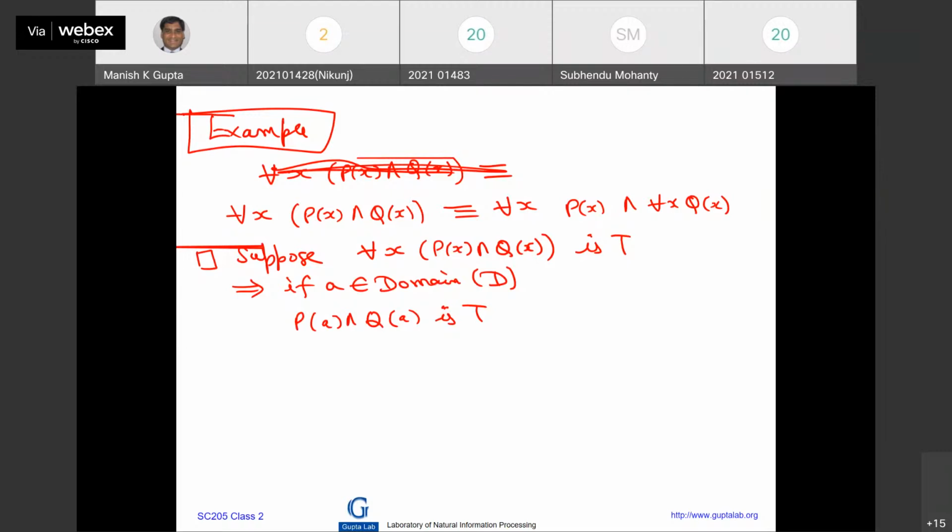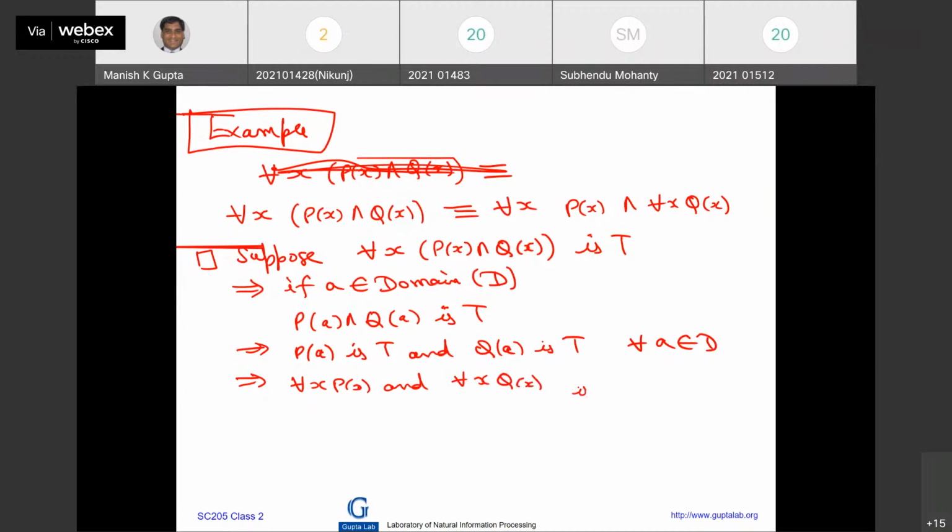This implies that P(a) is true and Q(a) is true, and this is true for every a in D. This implies that for every x, P(x), and for every x, Q(x) is true. That means we got the right hand side.